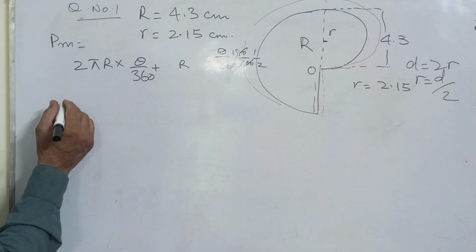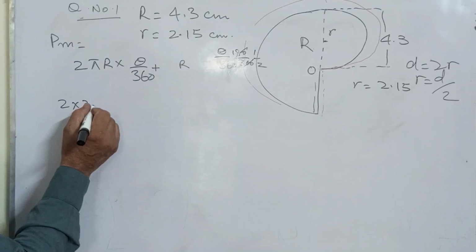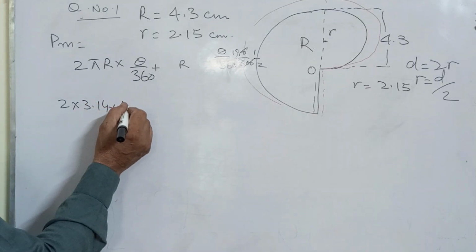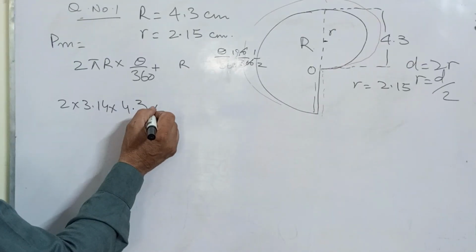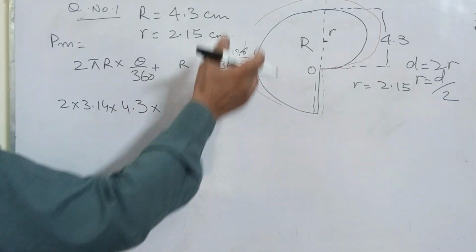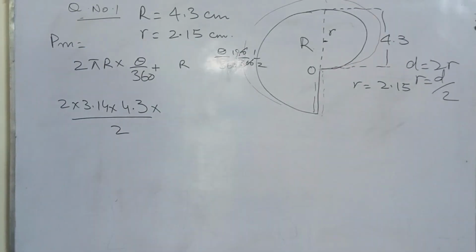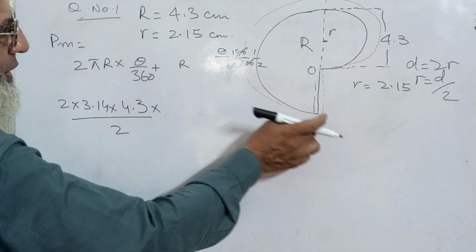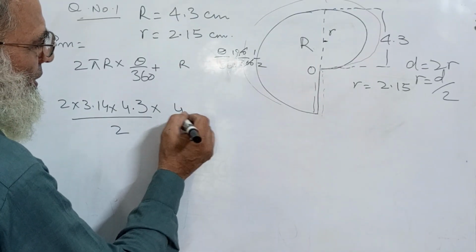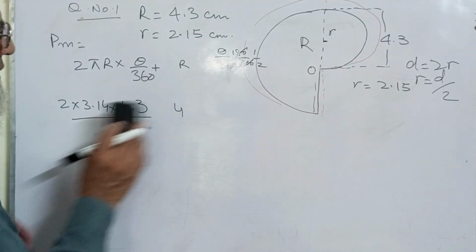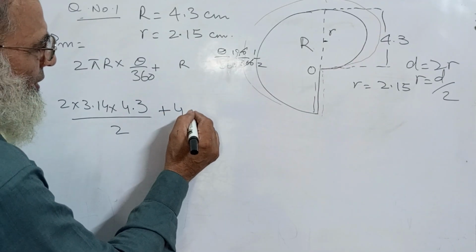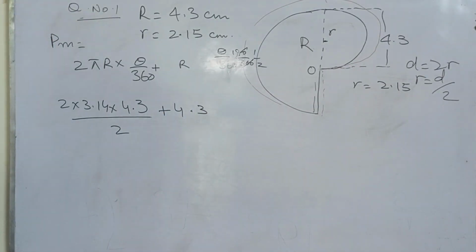So 2 multiplied by 3.14 multiplied by 4.3 multiplied by theta upon 360, because this is the half circle. So you go for only this. And r over here is 4.3 only. Now calculate this only.